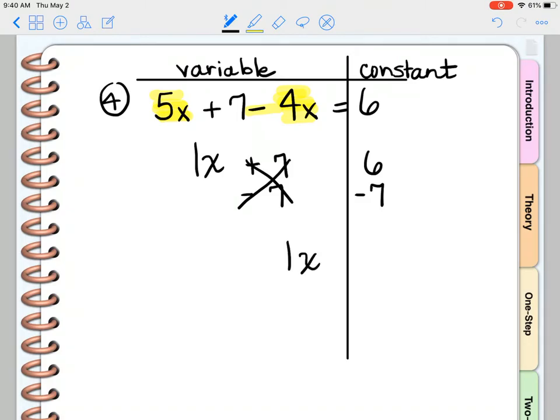And this is going to be 6 subtract 7, that's negative 1. And just let me show you a little trick here. If you end up with a 1x, remember that 1 is a ghost, so it can just float away. So x is negative 1. If you want to see the actual math that makes that happen, let's divide by 1 and cancel. So x is negative 1.